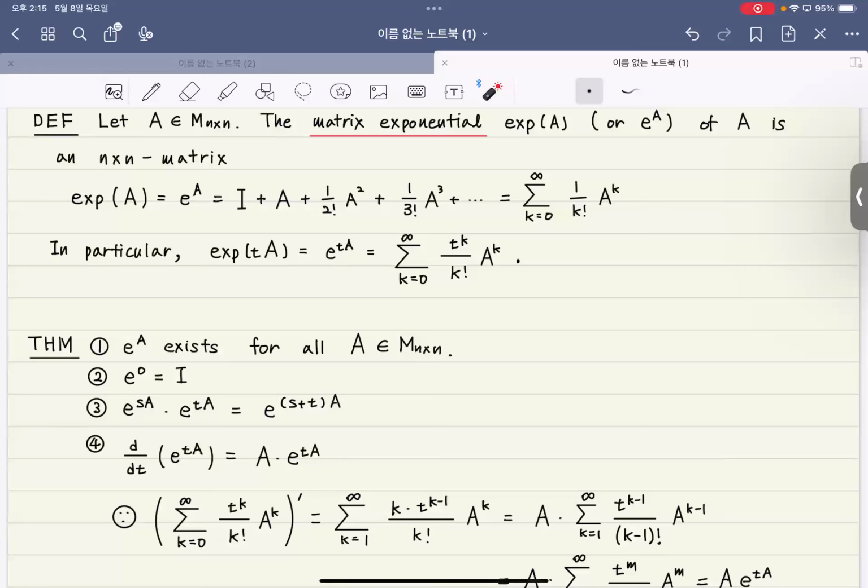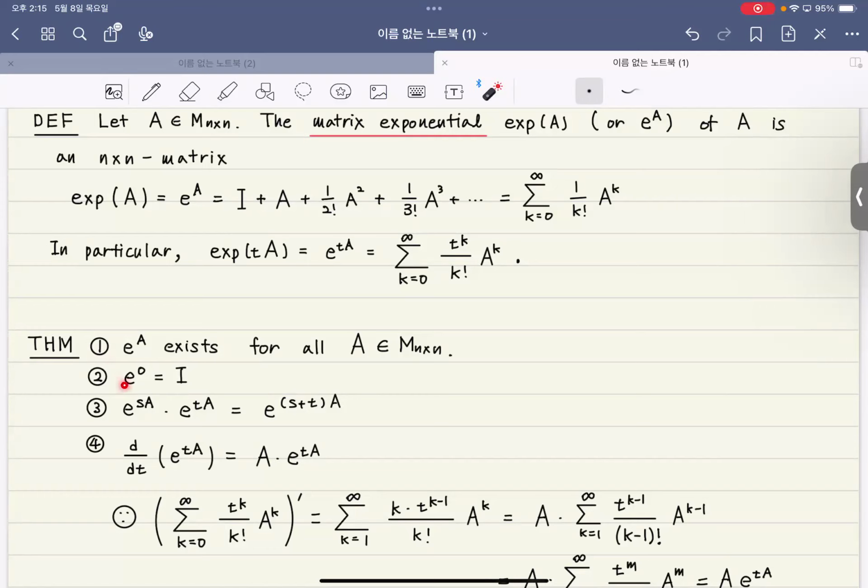So this is a very nice theorem, but I will not be proving the statement. Let us just take statement number 1 as granted.